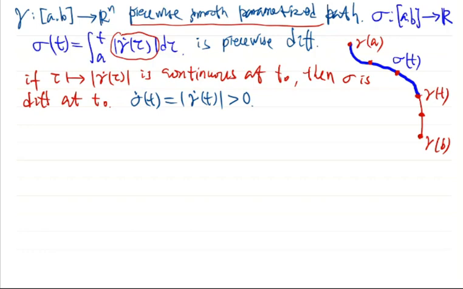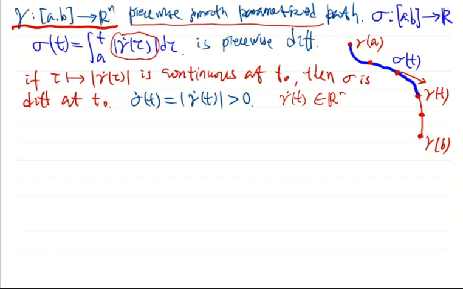Gamma is a map to Rn, therefore gamma dot t is a vector in Rn. That is the tangent vector of the curve at the point gamma t. So this is a non-zero vector, so the norm is positive.